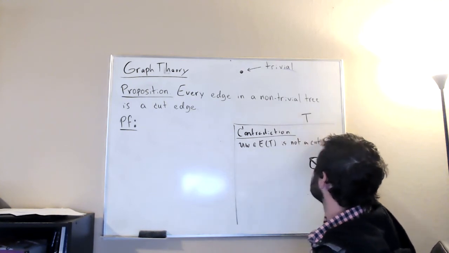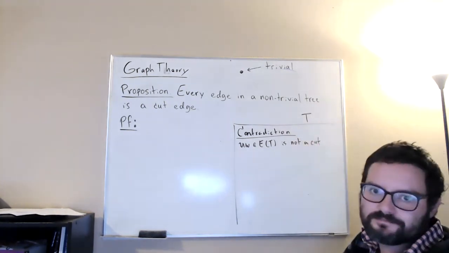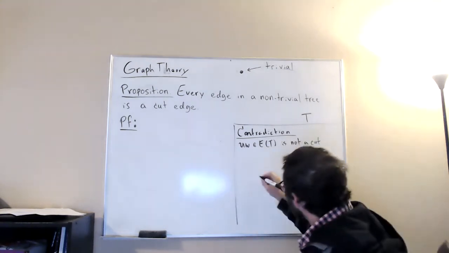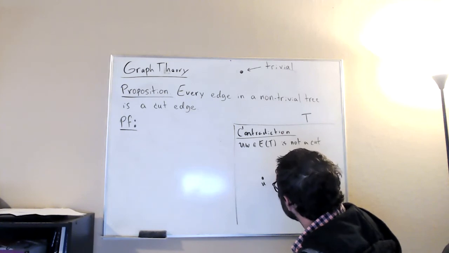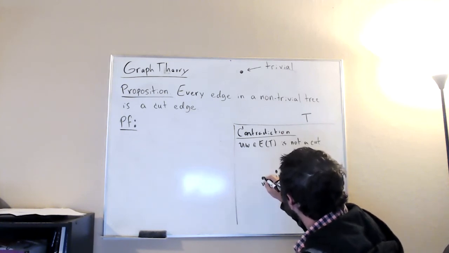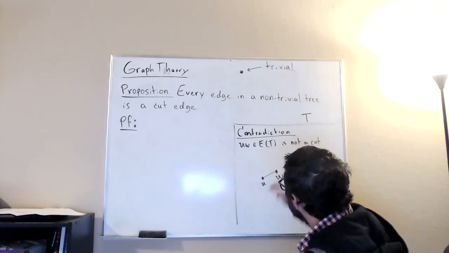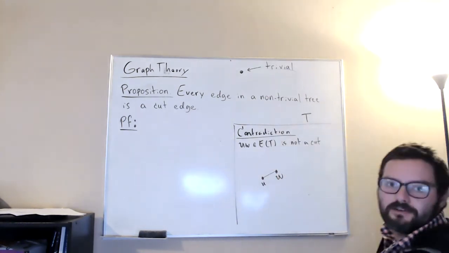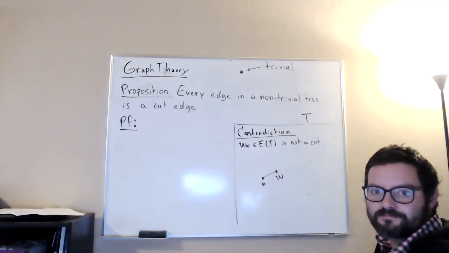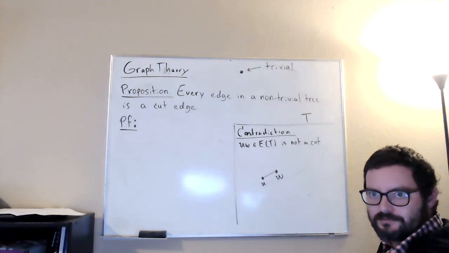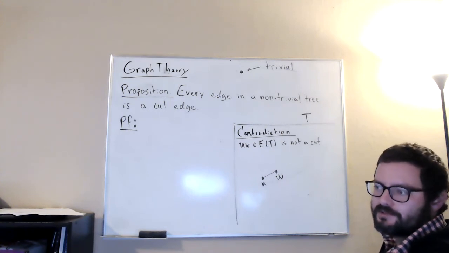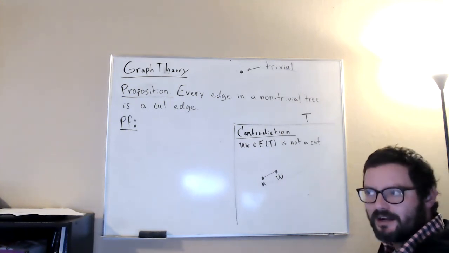Here's U, and here's W, and they're in the tree T. So if it's not a cut edge, can someone tell me what that means for it not to be a cut edge?